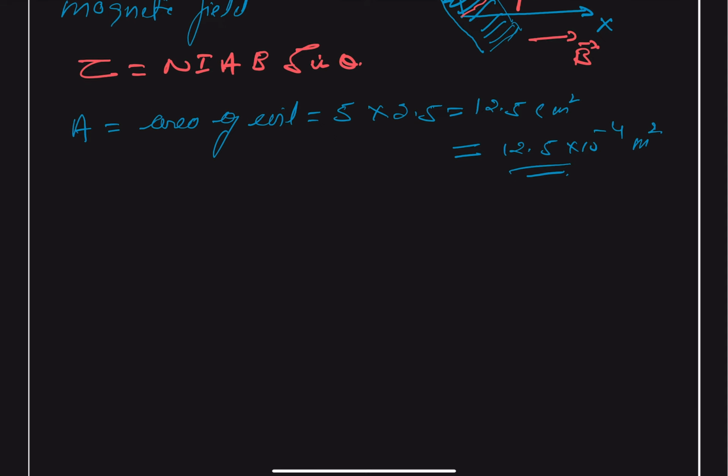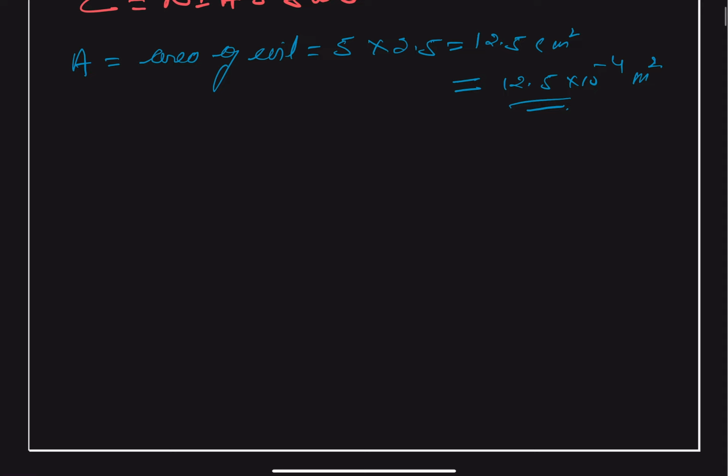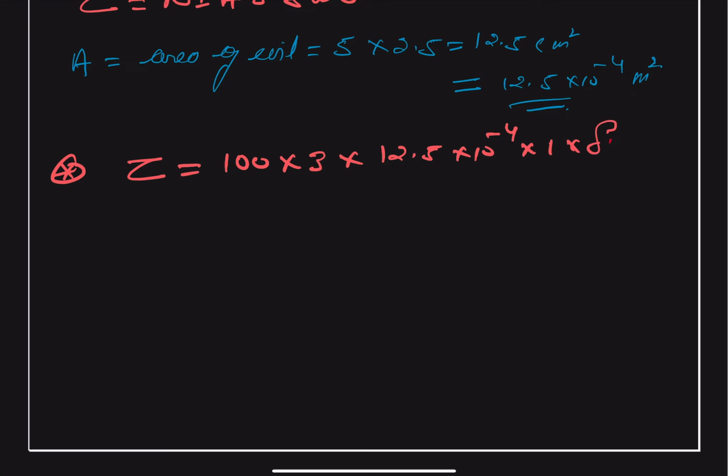So we can easily substitute all these values. We get tau equal to 100, the number of turns, current is given as 3, area we just found is 12.5 into 10 to the power minus 4, magnetic field is given as 1, and here we have sine of 45.